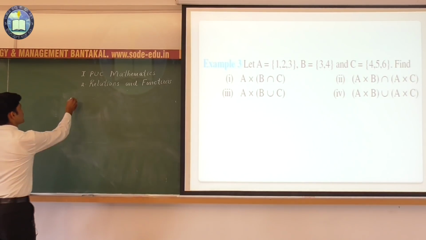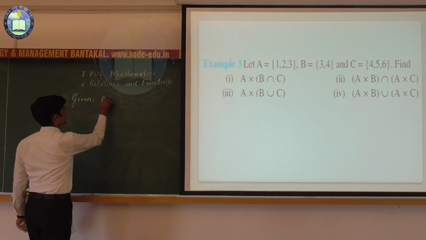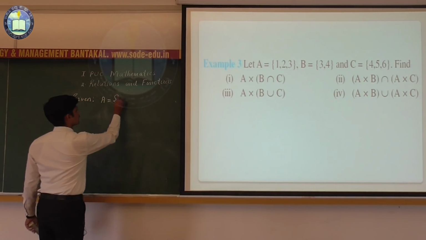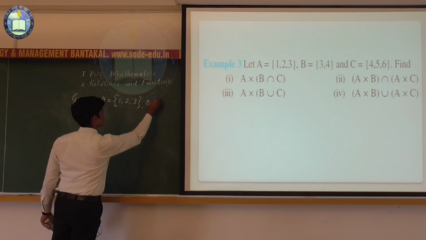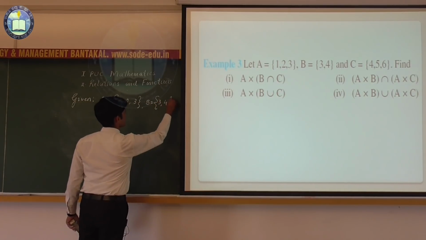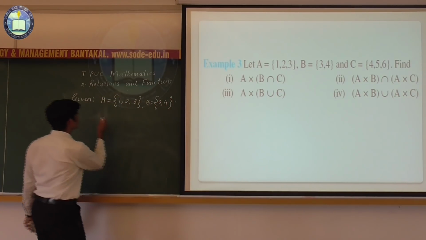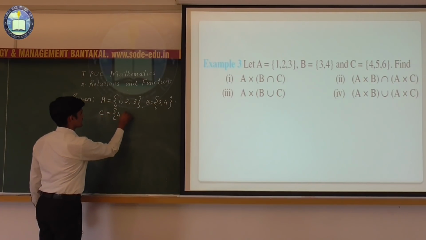Here, the given sets are A is equal to {1, 2, 3}, B is equal to {3, 4}, and set C is equal to {4, 5, 6}.